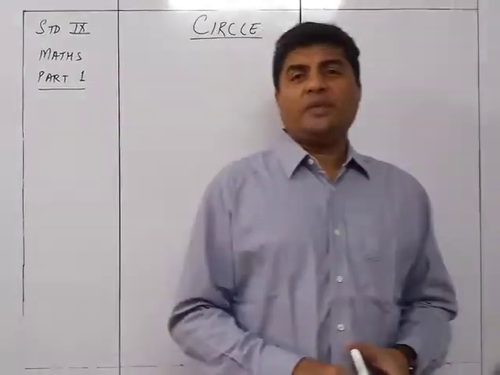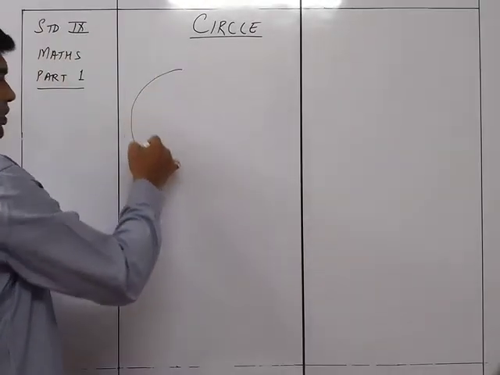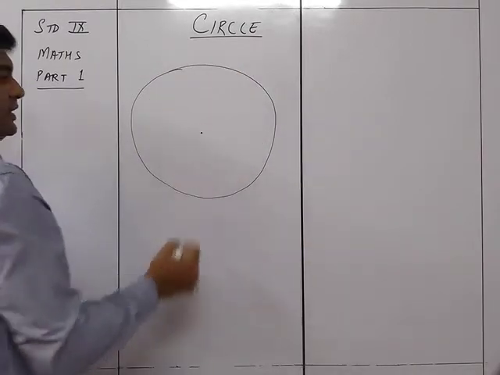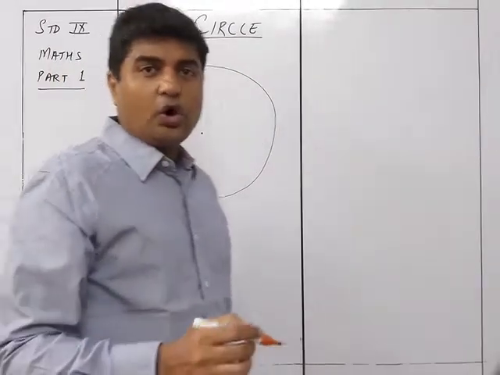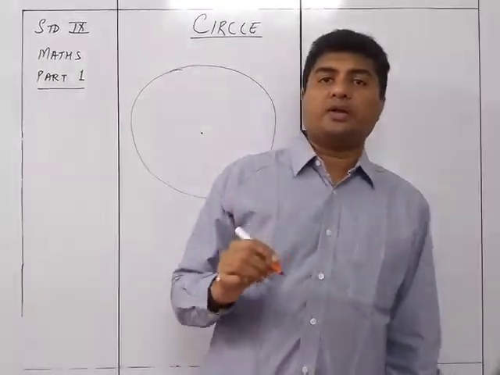Talking about circle, we know that a circle is a closed figure such that all the points on the circle are equidistant from a particular point.